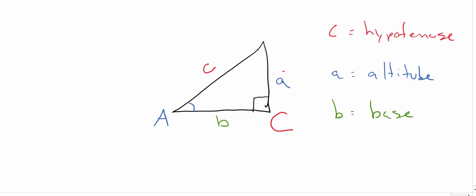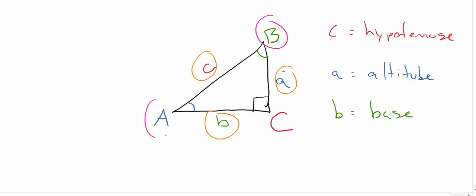The angle opposite side B would be the angle B. So here's our labeling for our right angle triangle: we have our sides in lowercase, and then we have our angles in uppercase.